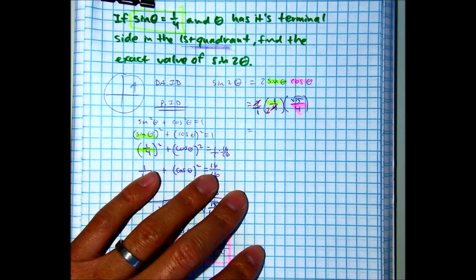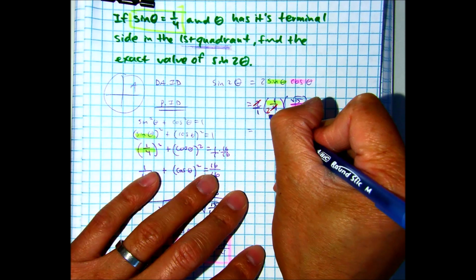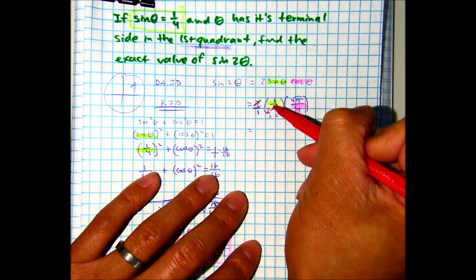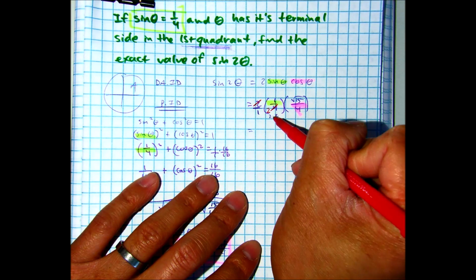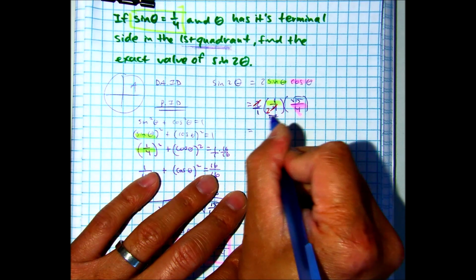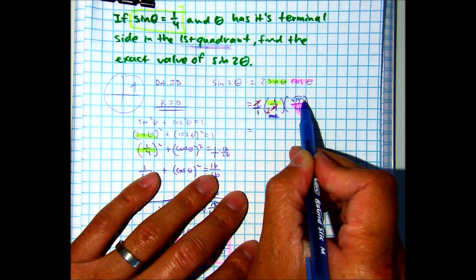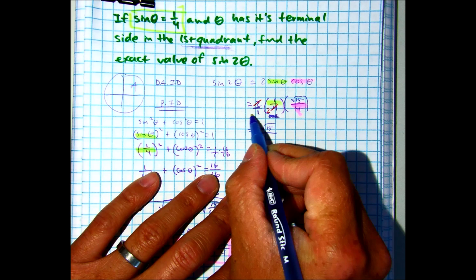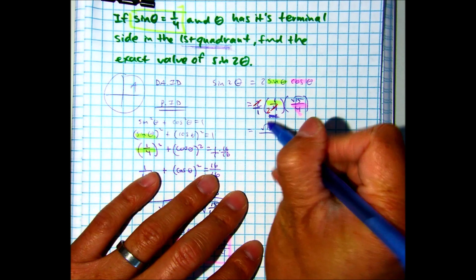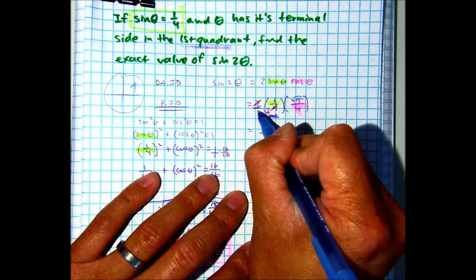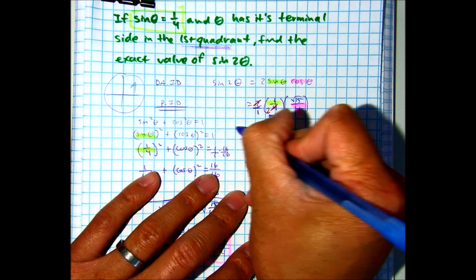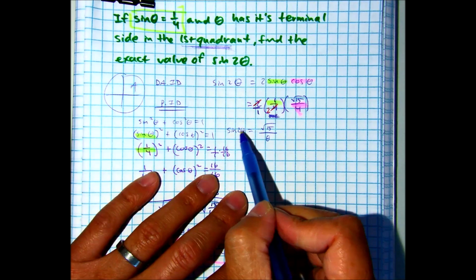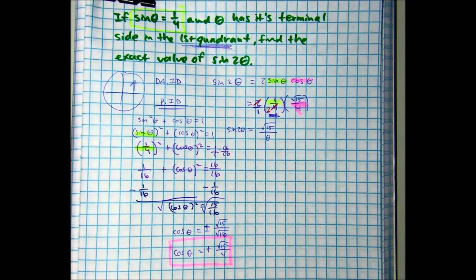The reason why I did that is because it's really 2 times 2, right? And then you're canceling off one of the 2's here, and you're left with 1, 2. Does that make sense? Okay, so then I multiply the numerator, I get radical 15, and the denominator, I get what? 8. Sine of 2 theta, the double angle identity, or double angle of sine, the answer is radical 15 over 8.